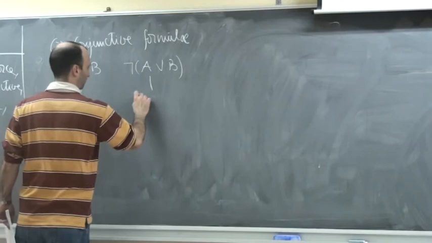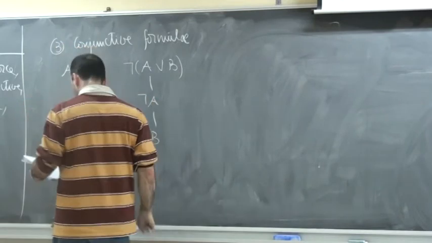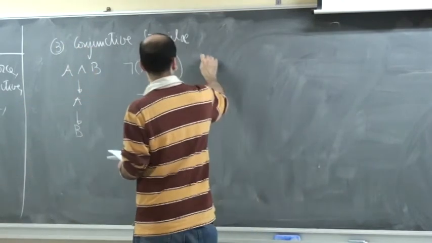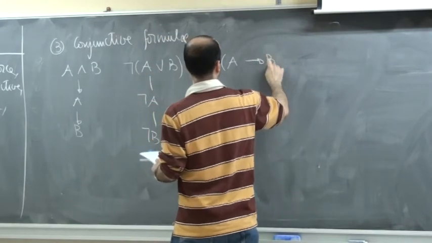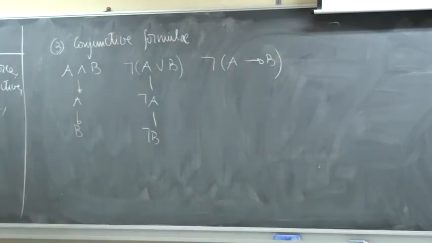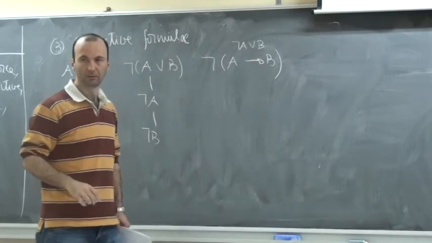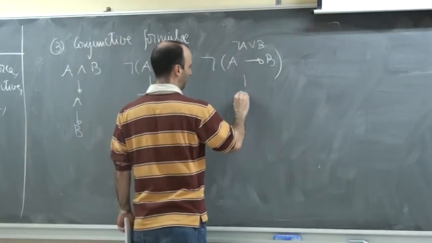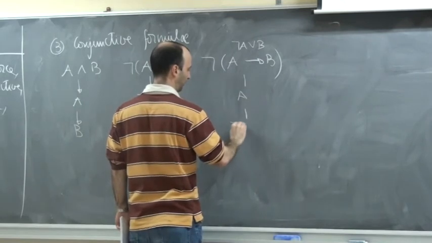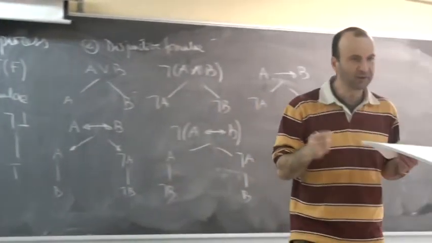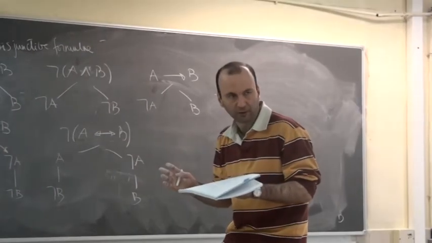Now finally, because this is not A or B, the negation of this would be A and not B. So those are the branching instructions, right?